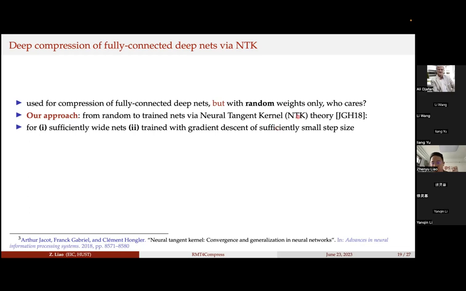A very quick review of this NTK theory. It tells us that under two conditions, first, the neural network must be sufficiently wide. To be more precise, either the width, the number of neurons of the neural network, tends to infinity, or it should be at least polynomially large with respect to the data sample.